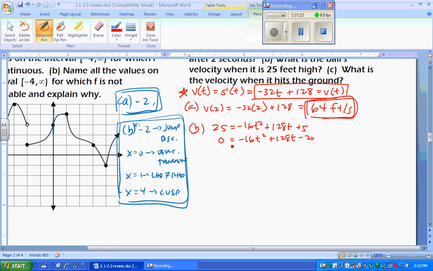So to find out how much time it takes to get up to 25 feet, we need to use the quadratic formula. The opposite of b, plus or minus square root of b squared minus 4 times a times c, all over 2a, so negative 32.